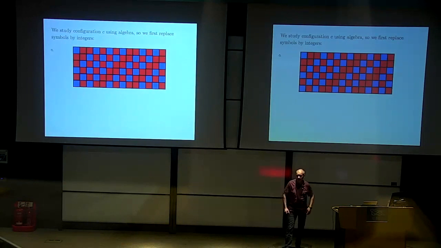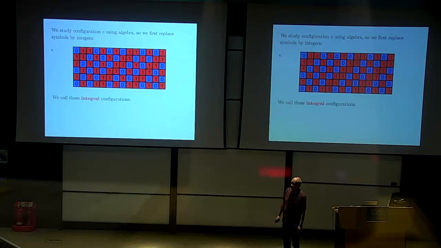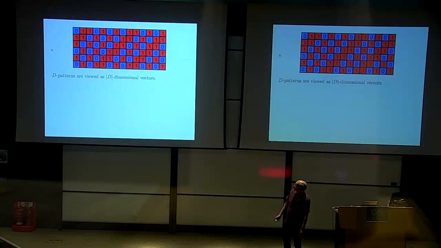Let me tell you about the techniques that I'm using. I'm using algebra to study these. So my colors will be just integers. I will just represent each color by an integer in an arbitrary manner. I call it integral configurations. And then I view my patterns as vectors.